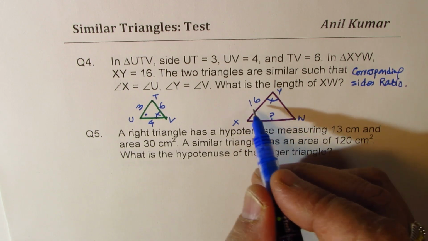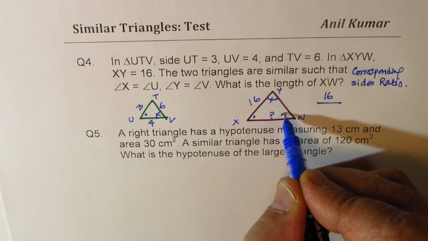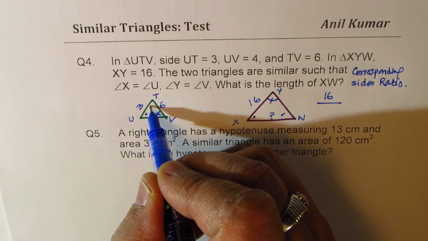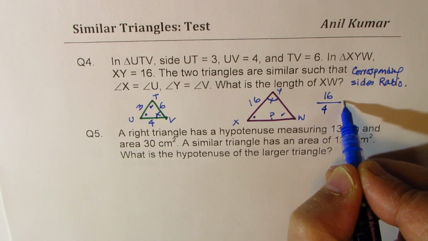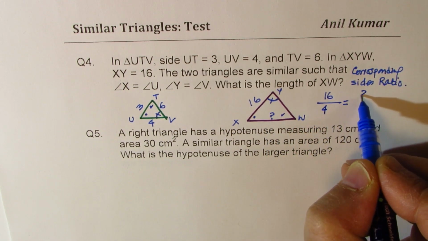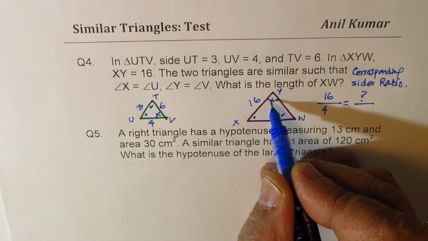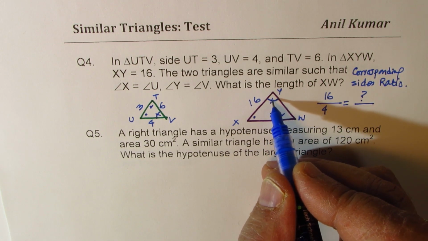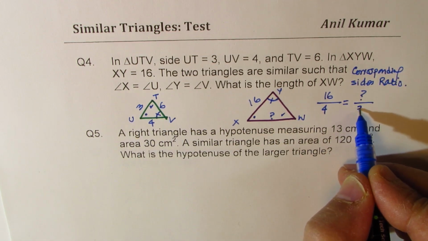So what we can do here is write 16 over this third side, right? So the side opposite to the third one is 4. Do you see that? 16 over 4 should be equal to this question mark, which we don't know, over this side opposite to that angle Y. Right, so Y is equal to V, so it is 3.